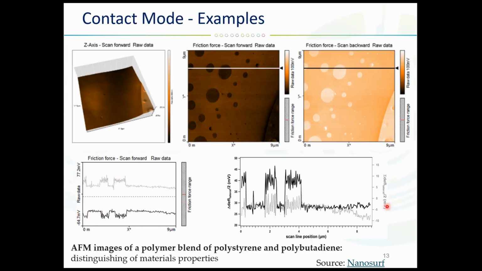And this is the superimposed image of this scan. Every time we cross a different polymer, we have a different type of friction, and that's what is shown in these pictures. So this is another example of the applications.